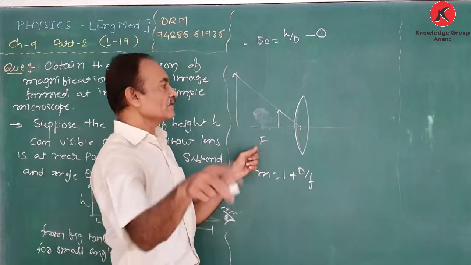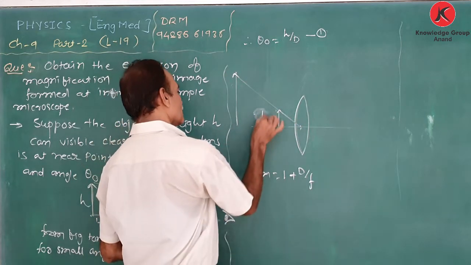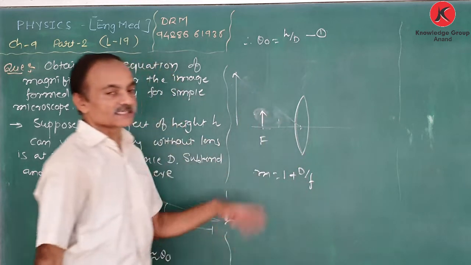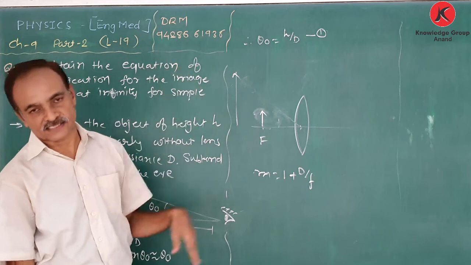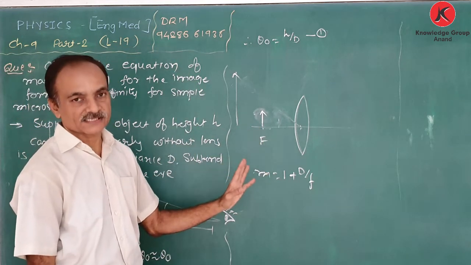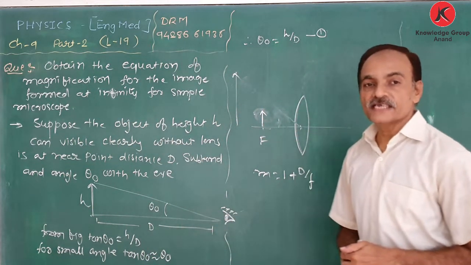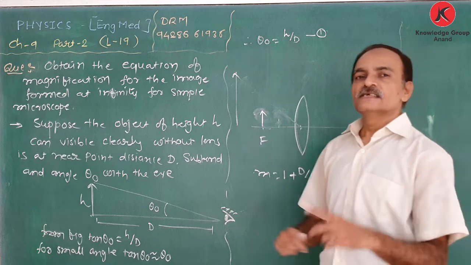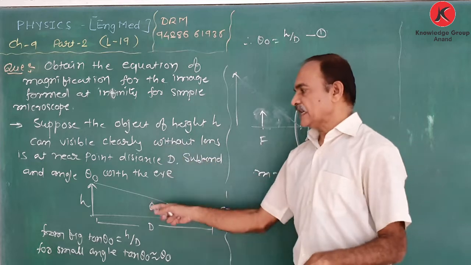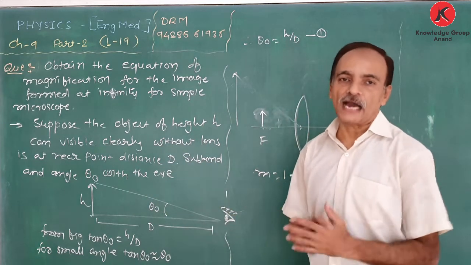Now today we are going to discuss the case where the object is placed at principal focus, so its image is formed at infinite distance. So how do we obtain the equation of magnification? For that purpose, suppose the object of height h is clearly visible if we place it at near point distance D from our eye.